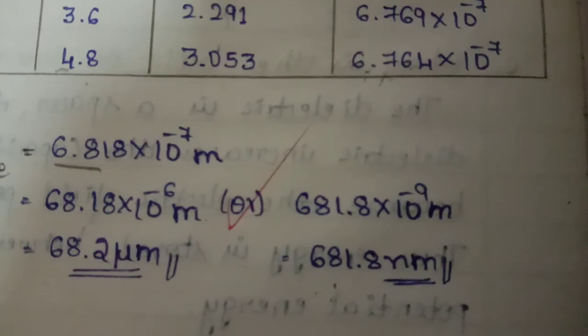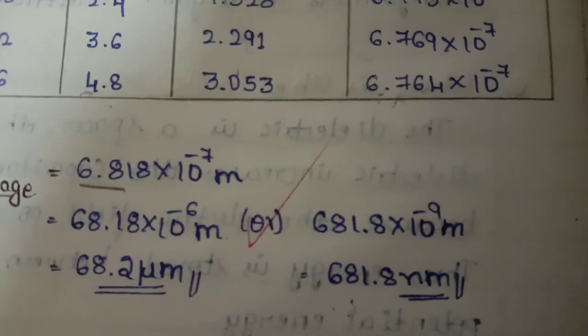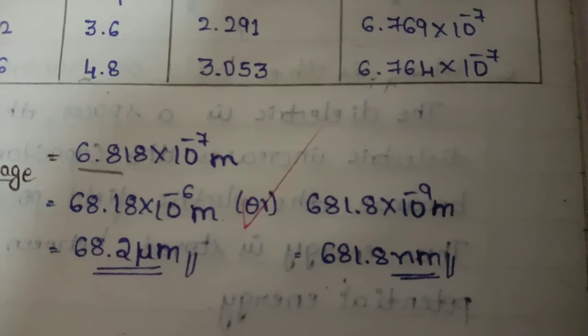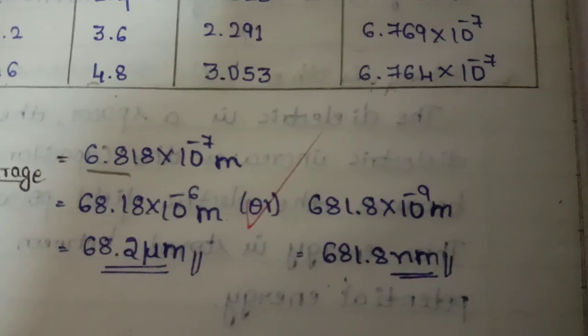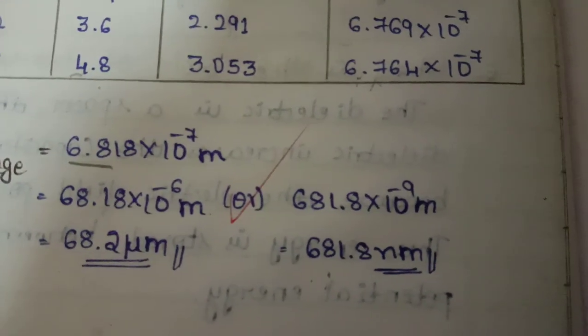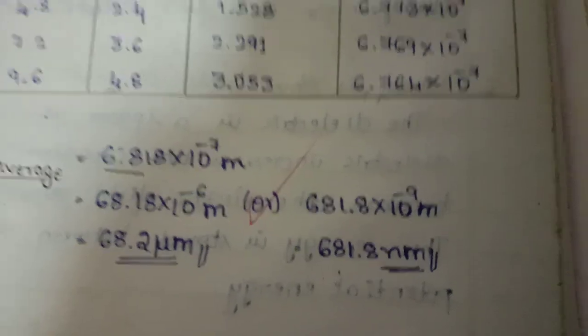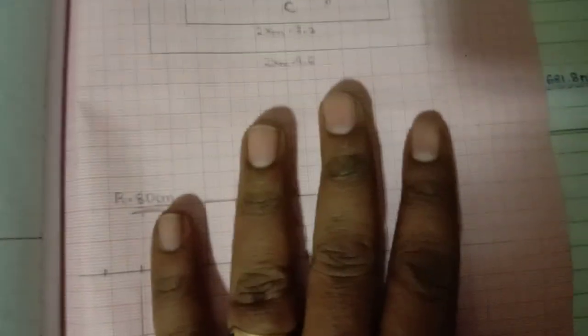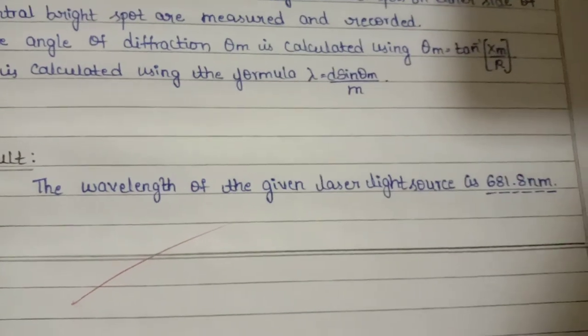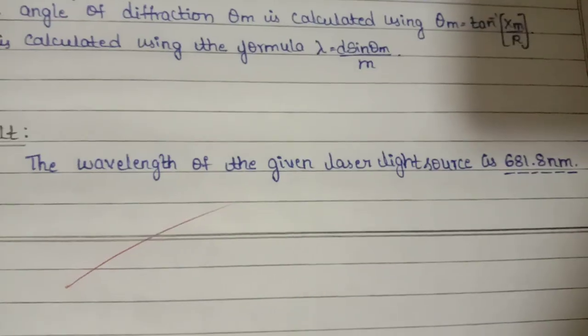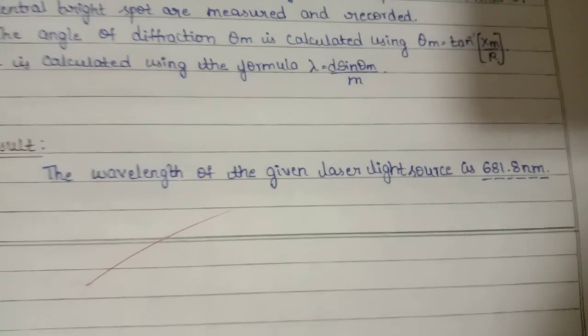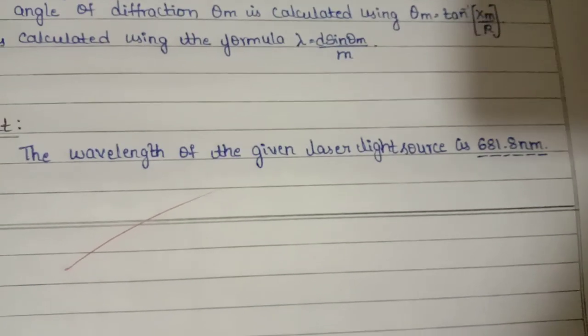So you are getting a value in between that range. That means what we are seeing as red color matches with the finally calculated answer. Once you determine the average wavelength of the laser light source, then you need to write it in the result. So in the result you write: the wavelength of the given laser light source is 681.8 nanometers.